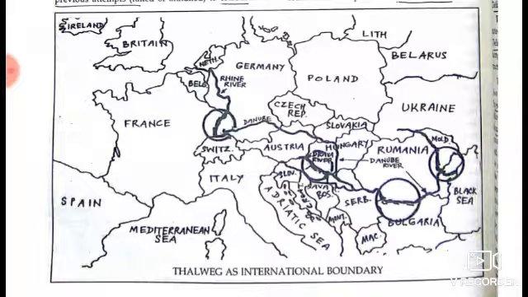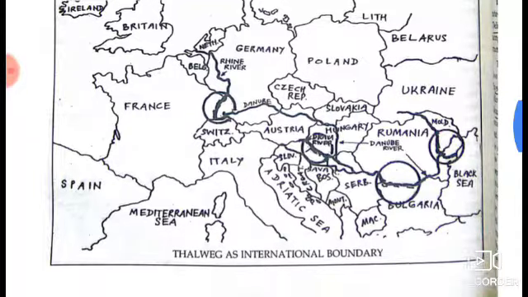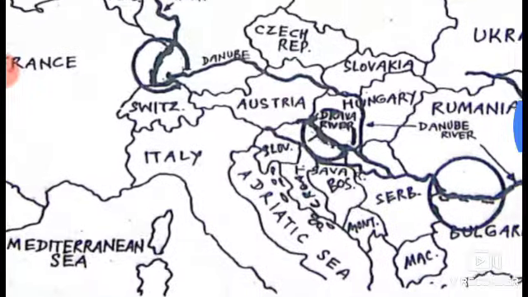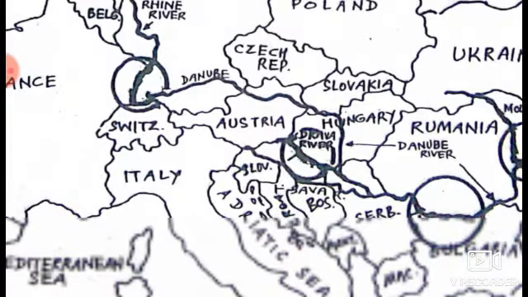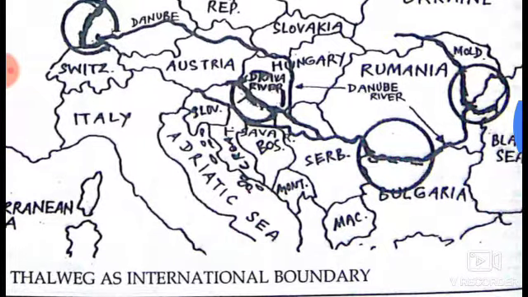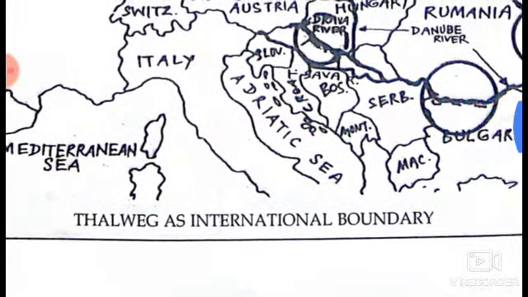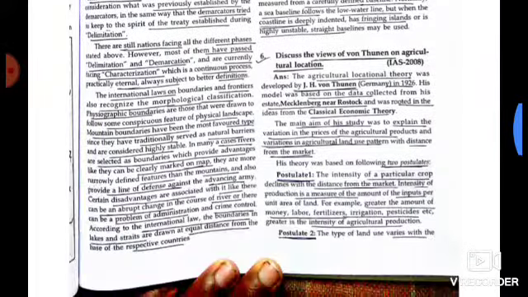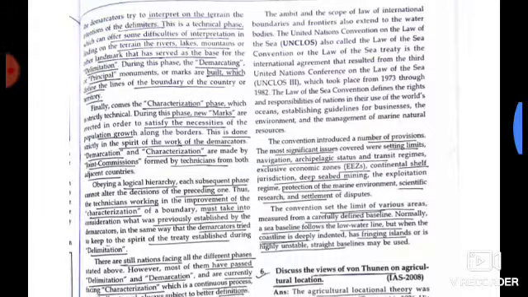Circle points you can see in here. Black Sea and others. Adriatic Sea. Okay, so just study here.